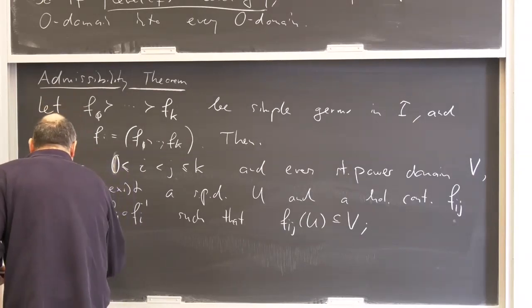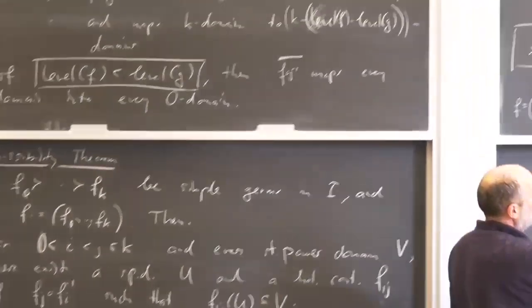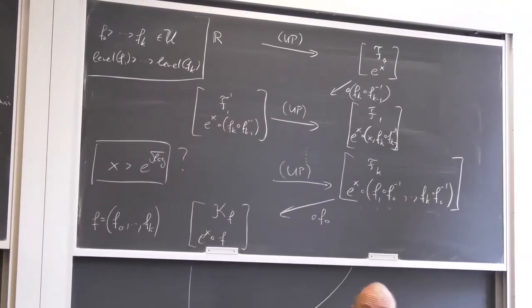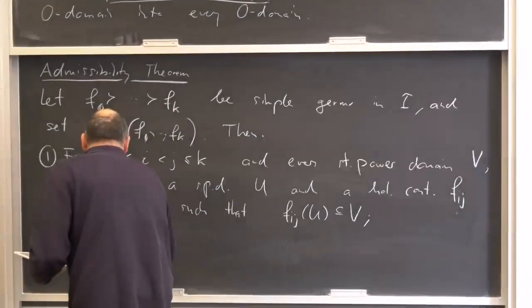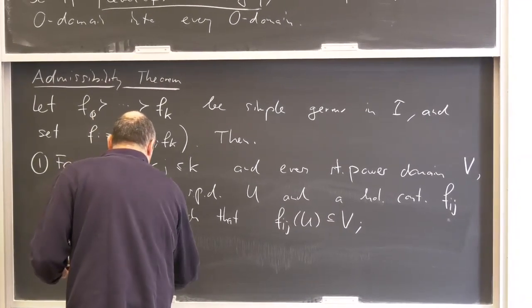at every stage of the construction, what are the monomials? It's these kinds of things here. They form a scale on standard power domains, i equals 0 up to k.